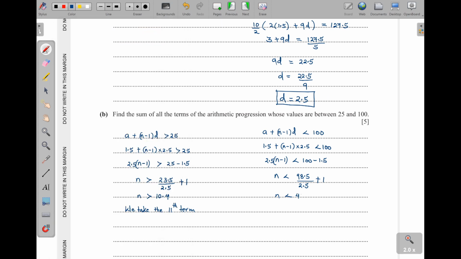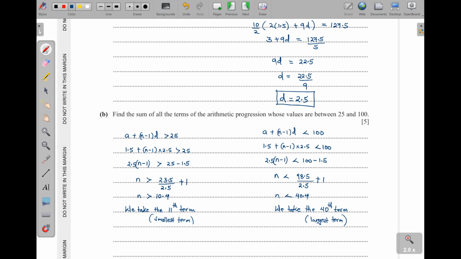So n has to be less than 40.4. That means here we shall take the 40th term. This is the largest term, and the 11th is the smallest term.